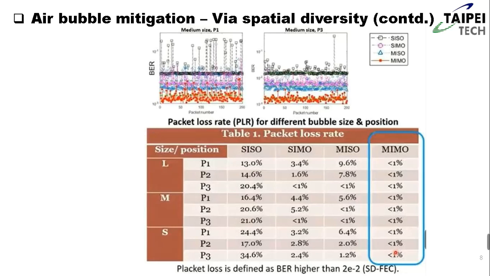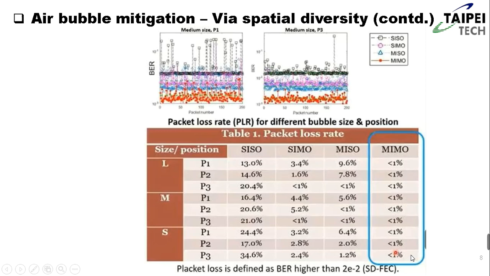It is shown that when the bubble position is close to the transmitter, more packets experience deep fade, resulting in a higher data rate loss. By using 2x2 MIMO, a significant reduction in packet loss is achieved, from 34% to less than 1%.